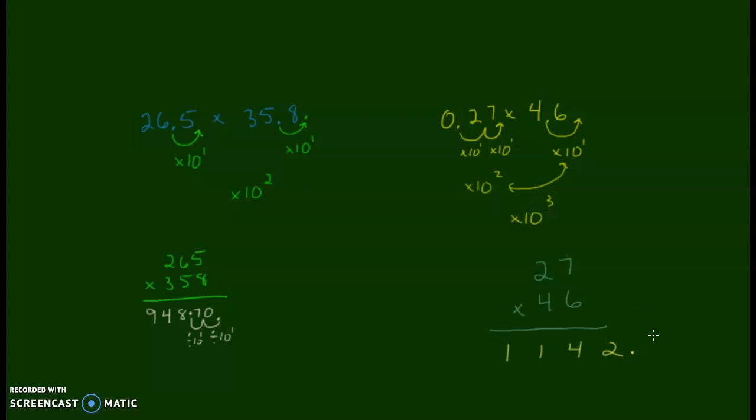Now that we have our answer, we have to do the opposite. So we have to divide by 10 to the first, divide by 10 to the first, and divide by 10 to the first. So that's our equivalent to dividing by 10 to the third. Our decimal point goes there, so our answer would be 1 and 142 thousandths.